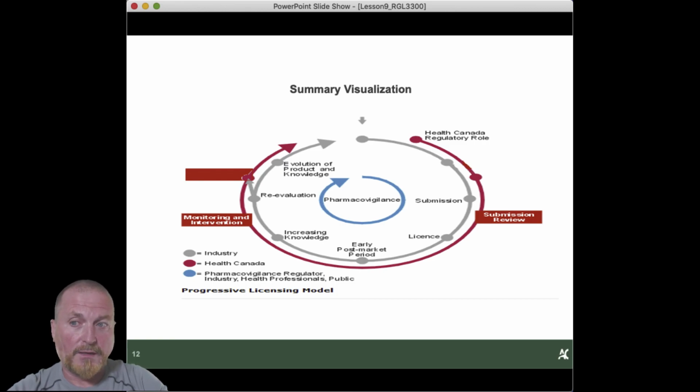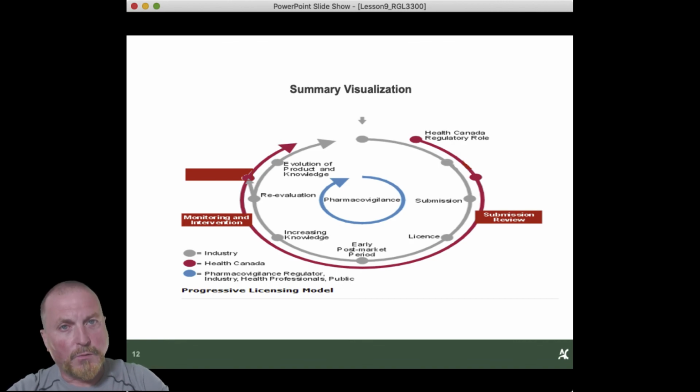I don't want to get into too much detail on this because I know you've covered it in your other courses, but we need to see it three times, and I want you to understand it in the context of the life cycle post-market surveillance concept, and how it works and the types of things that need to be done, both in terms of residual risk monitoring and monitoring of the pharmacovigilance system itself.